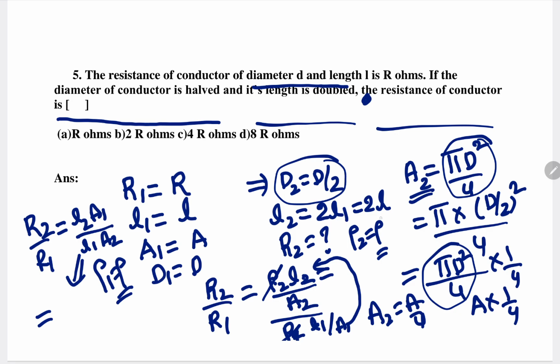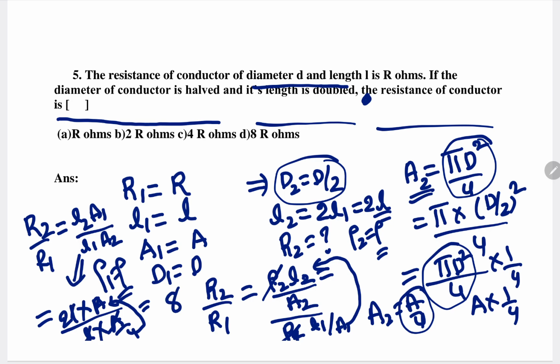Please observe carefully. Length L2 is 2L, A1 is A, L1 is L, and A2 is A by 4. This 4 comes into the numerator, and A and length get cancelled. We will get 8.